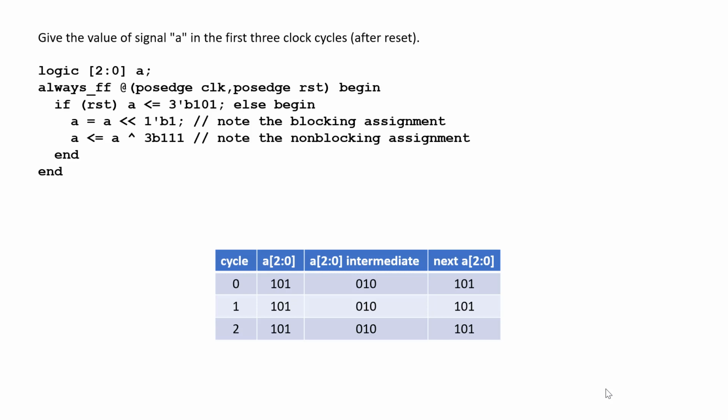That's what you get after the first line, and then after the second line, you complement all 3 bits, so you go from 0, 1, 0 to 1, 0, 1. Okay? And so that 1, 0, 1 is then carried down as the next value. And so that 1, 0, 1 gets shifted and complemented, and as it turns out, nothing ever changes, it just stays as 1, 0, 1. So the answer to this question is 1, 0, 1, 1, 0, 1, 1, 0, 1.